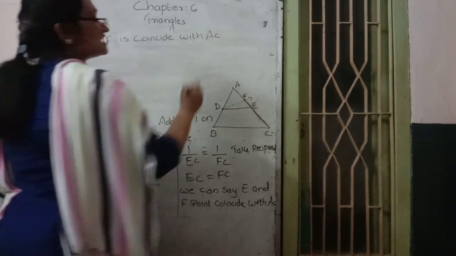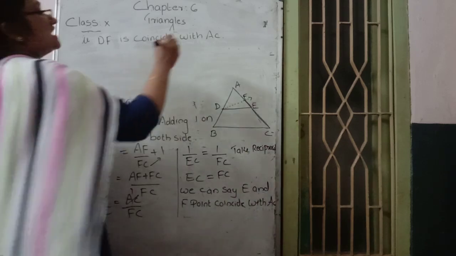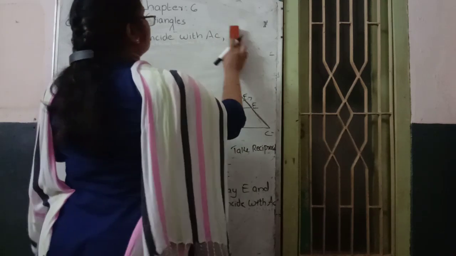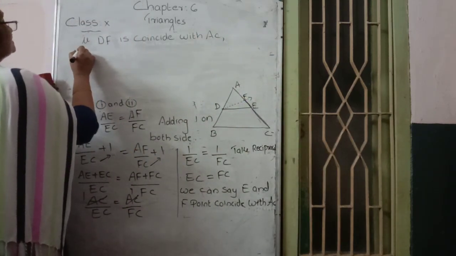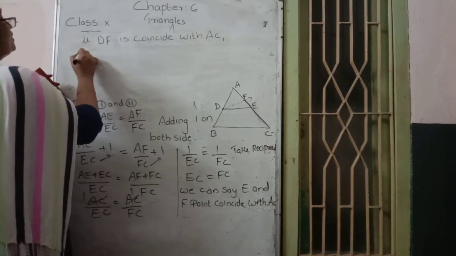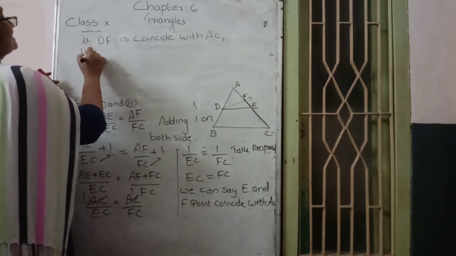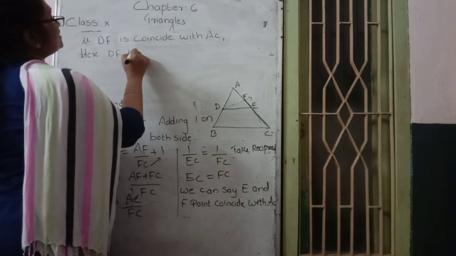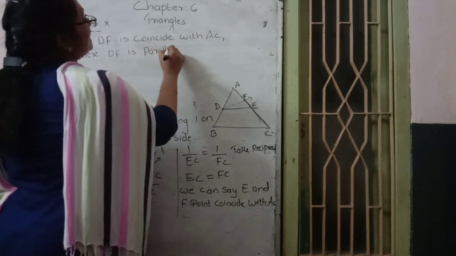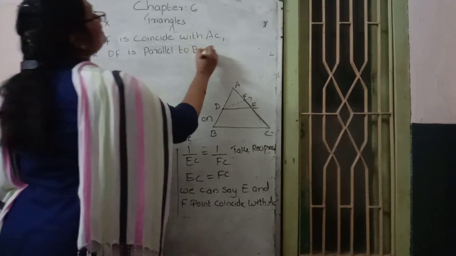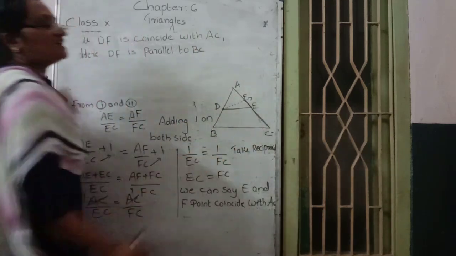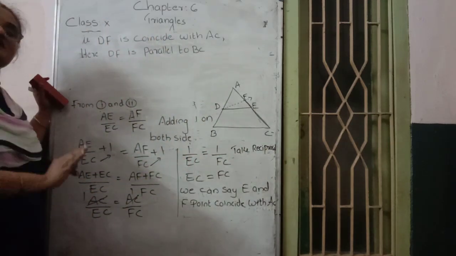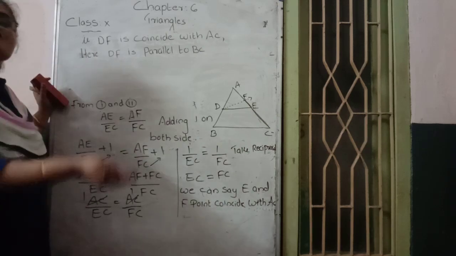How did it happen? Because it is already said that DF is, such that, therefore, so we can write it here. What is the reason? DF is parallel to which side? The BC side. That's why DF coincides with the AC side. DF is parallel to BC means, what can we say? Automatically the DE side is also parallel to BC.